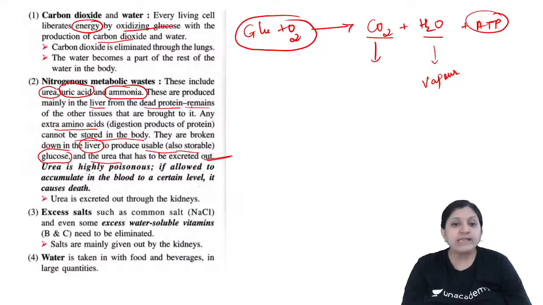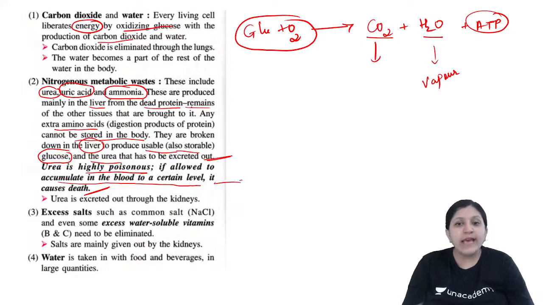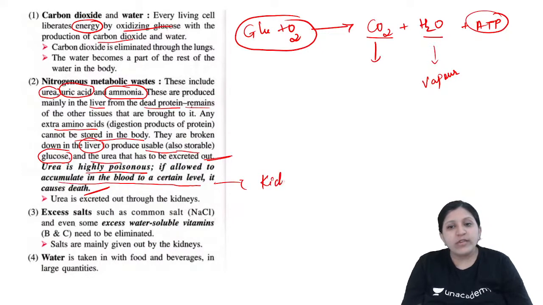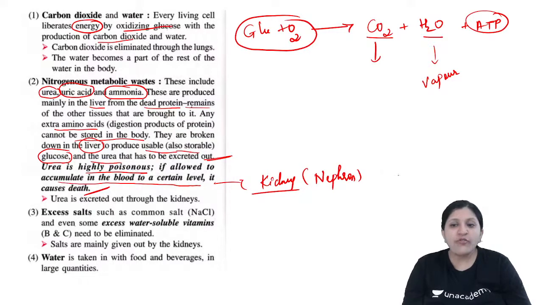Urea is again highly poisonous, so if it is allowed to accumulate in the blood to a certain level, it can cause death. That is why there is a kidney, and in the kidney there is a nephron. The nephron does the function of ultrafiltration, right? We will see all these processes.